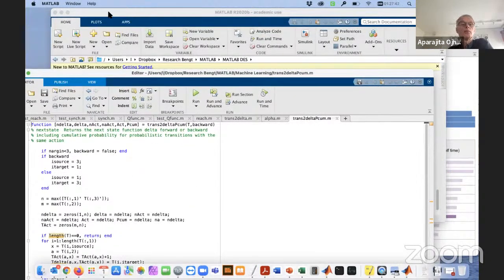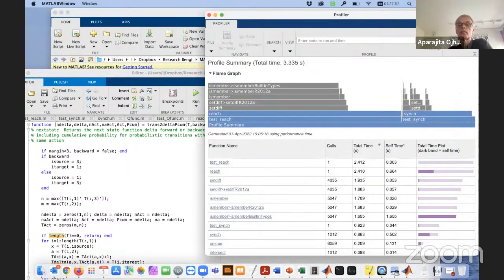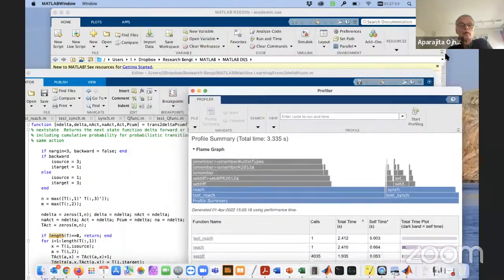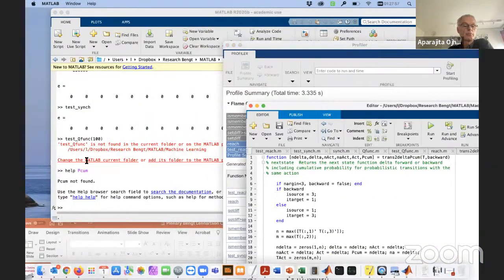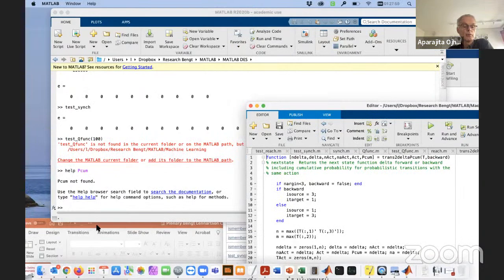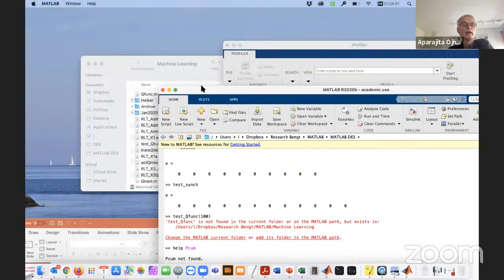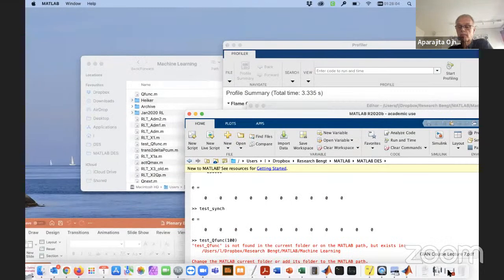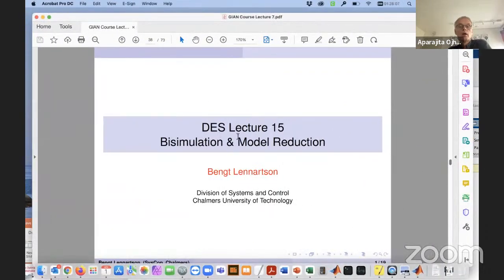Okay, then I will spend the last 45 minutes on these reduction principles, which I talked about quite a lot earlier, and I indicated them a little bit also in the timed optimization, because there I also had the possibility to join some states.